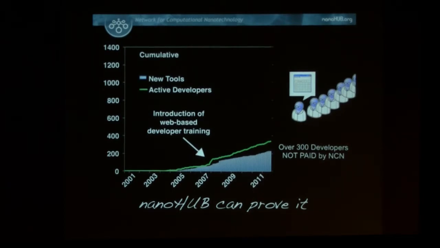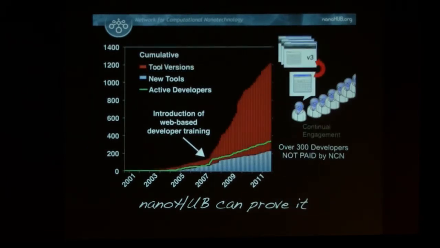And in this slide, I want to show you that this really works. What I'm showing you here, in blue, is the number of tools that come online. So we are now at 260. That's a little bit over a year old now. We have over 300 developers, shown in green. And these developers create new versions, as I said, right? They're researchers.